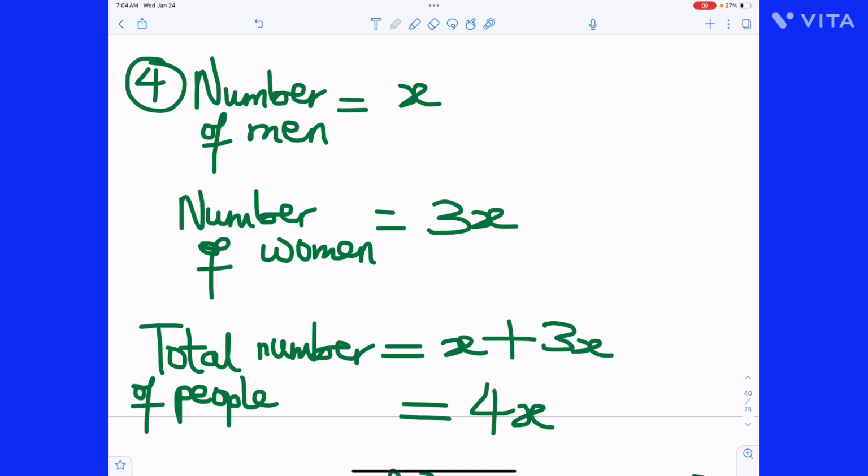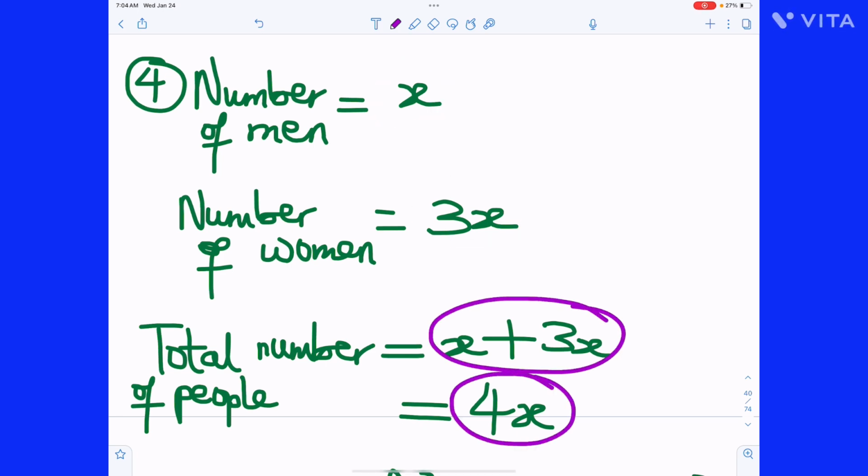That statement means the number of women is more than the number of men. 3 times as many men as women. So if the number of men is X, the number of women is 3X. The total number of people in the large crowd is X plus 3X, which gives you 4X.